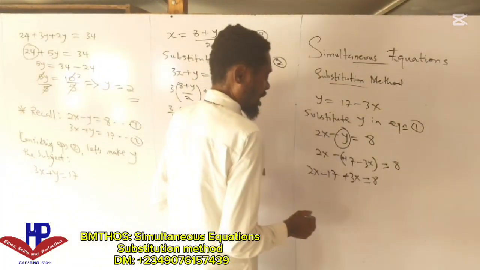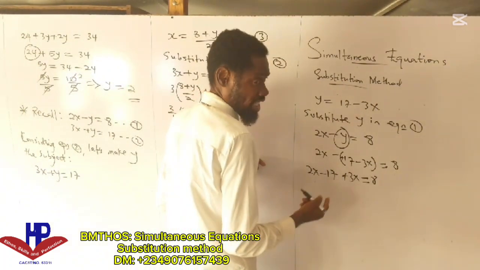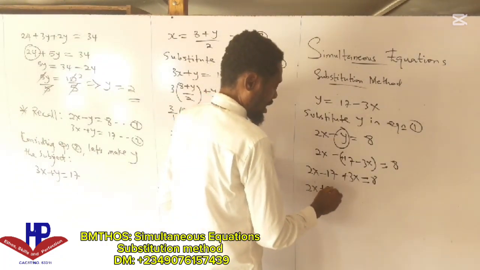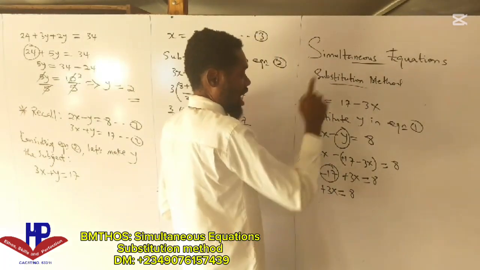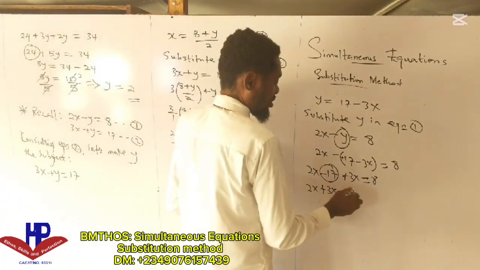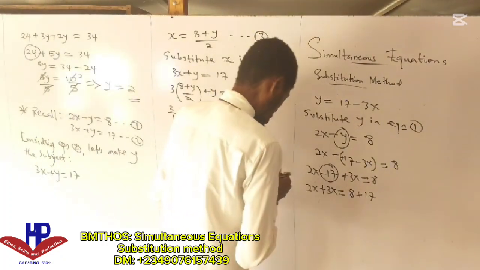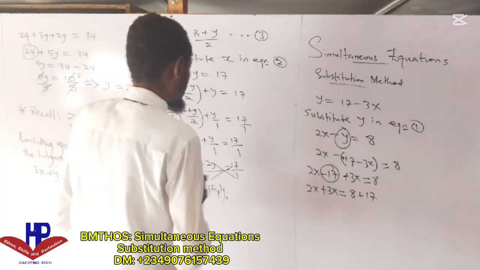Now, if we want to collect like terms, 2x and 3x are the same and they have positive signs. So we have 2x plus 3x is equal to 8. Minus 17 will lead to where we have the numeric numbers. That will be plus 17.